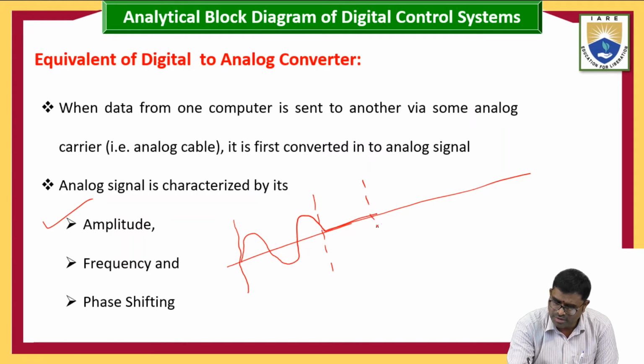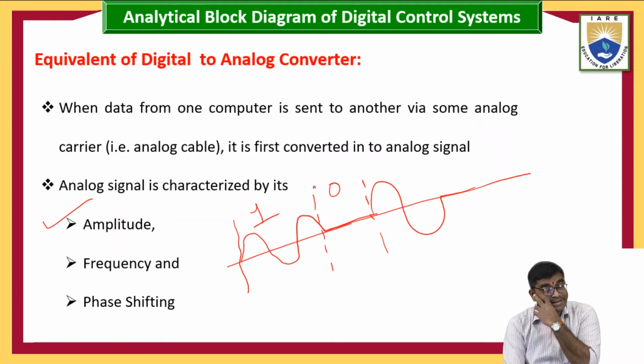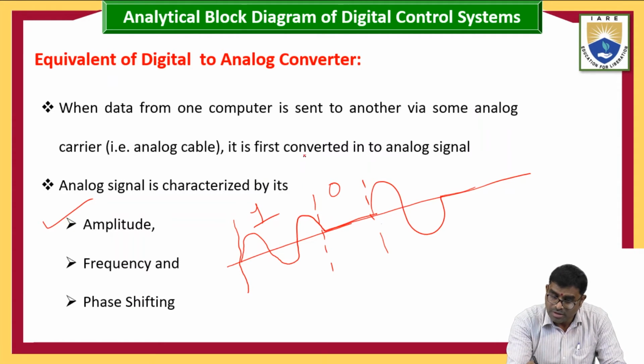Again it starts, and again it is low. So the high case is 1 and the low case is 0. This is the binary form, where the digital computer gives binary output.